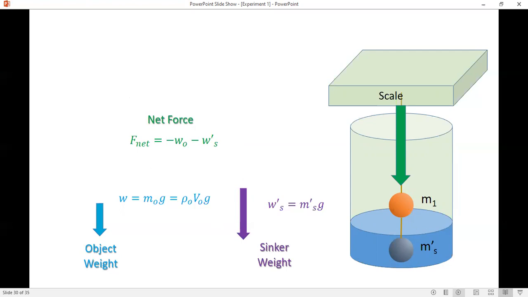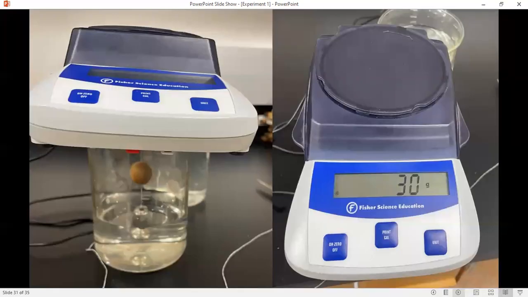So we make that first measurement, M1. And here you can see the sinker is below the water. I know it actually appears like the sinker is floating above, but the sinker is totally immersed, and the wood is outside the water, and this is the weight of the wood and the sinker.